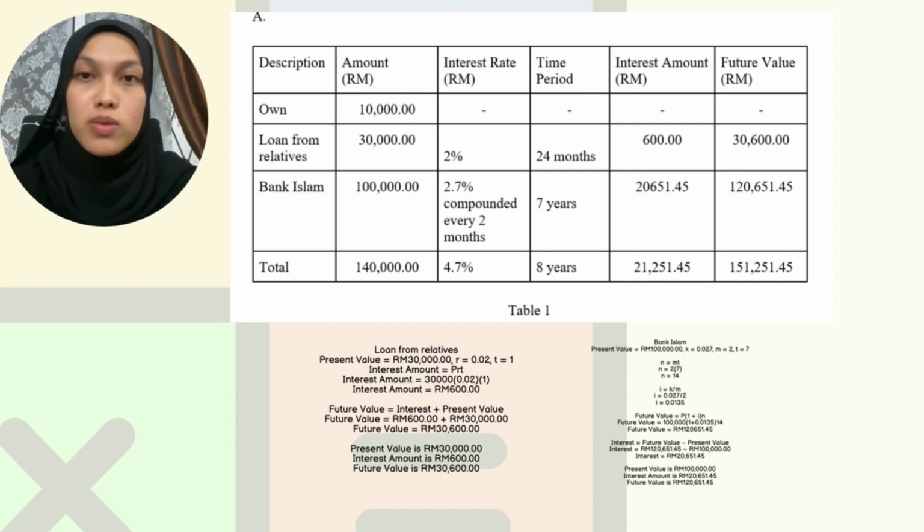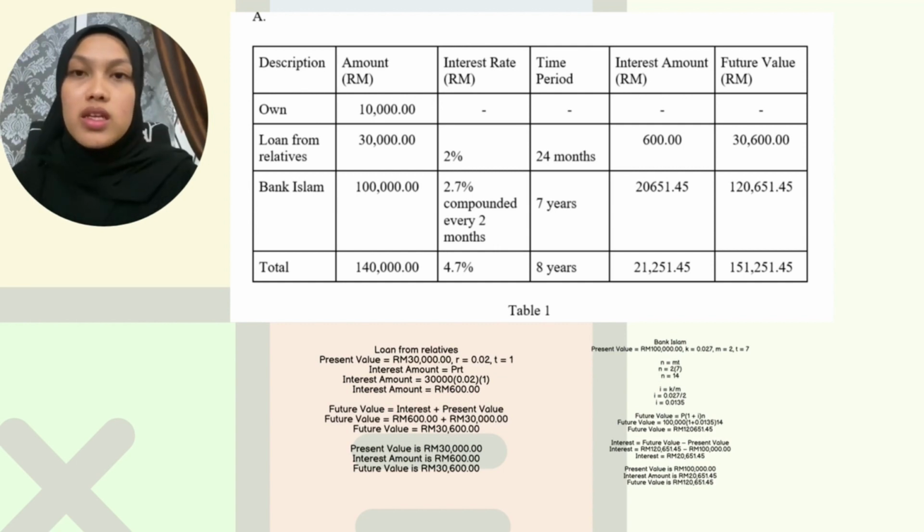So the value of P is 100,000, the rate is 0.027 compounded twice a year for 7 years, so we need to find the value of N. N equals mt, which is 2 times 7, and the value of i is 0.027 divided by 2, equal to 0.0135.